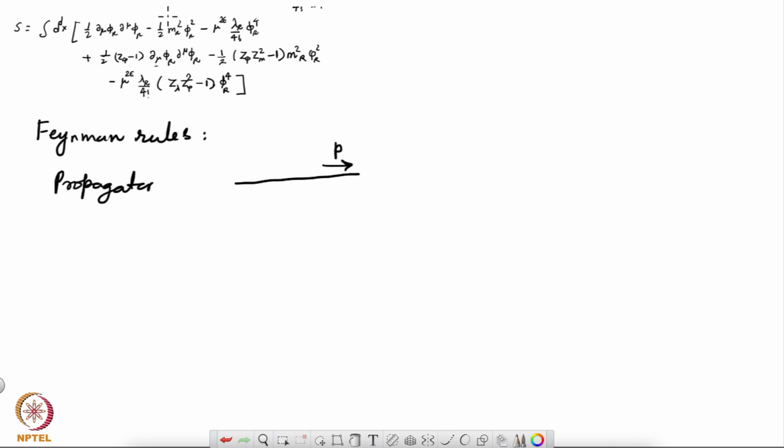Propagator is given by these first two quadratic terms, and this is of exactly the same form as before, so I also get the same thing as before, but now it will be m_r squared. And remember, m_r is still a mass parameter. It's not a physical mass of anything, because you remember how we find the physical mass of particles in a theory.